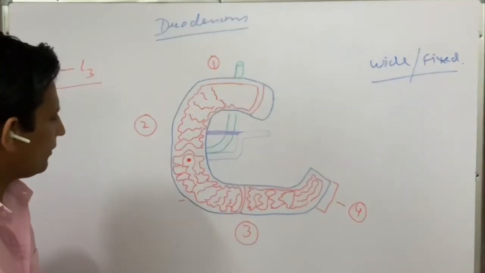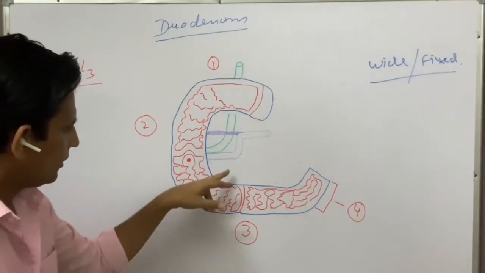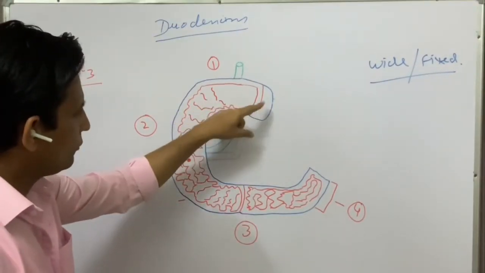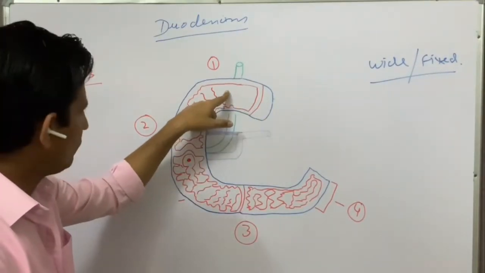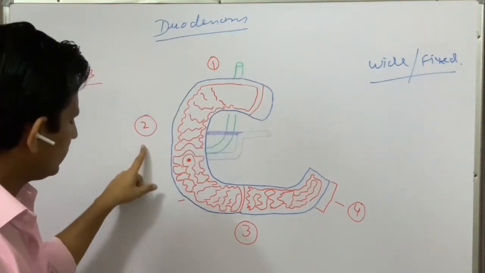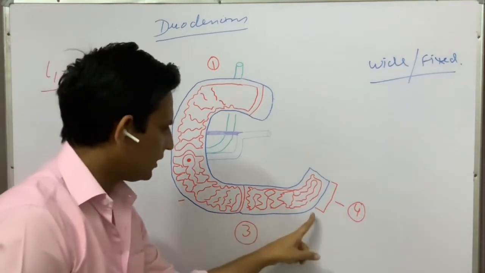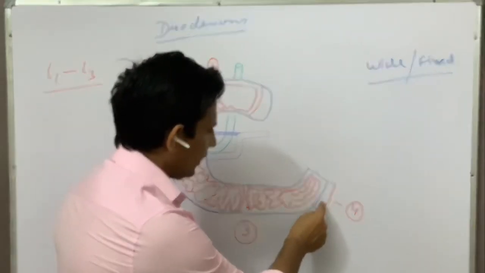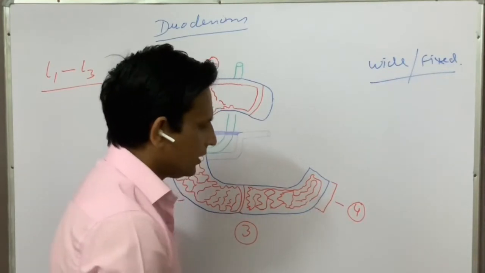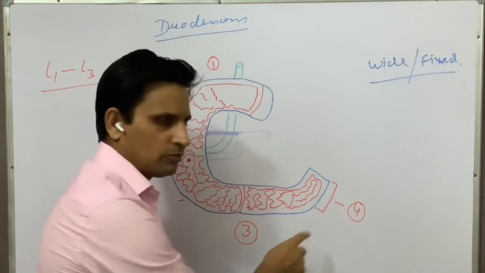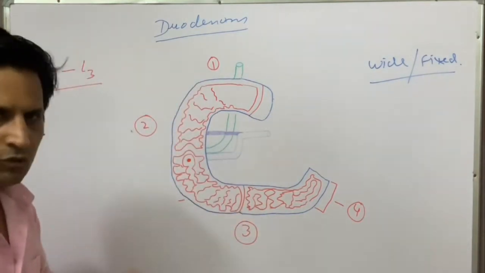So here we can divide the duodenum into four different parts. The first part goes to the right and upward, the second part descends down, the third part goes horizontal, and the fourth part, the last portion of the duodenum, ascends or runs upward.